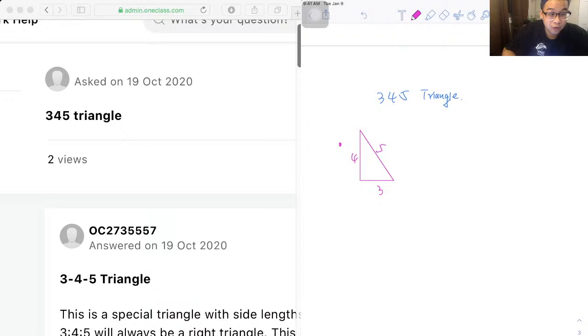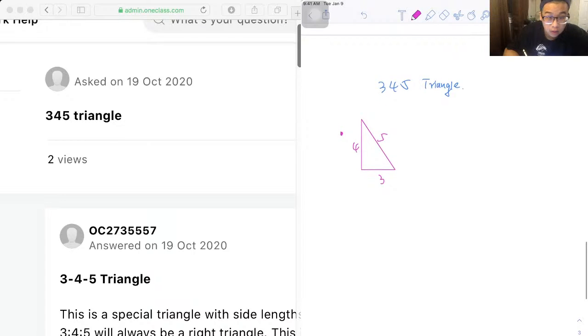And this is a special triangle, with the side lengths having a ratio of 3 to 4 to 5, and it will always be a right triangle. And this is called a Pythagorean triple. So let's write that down.